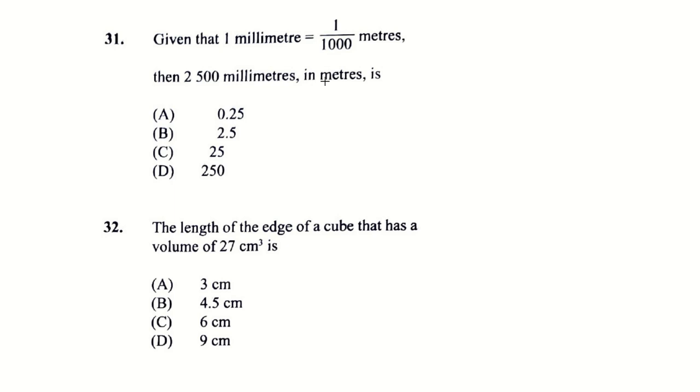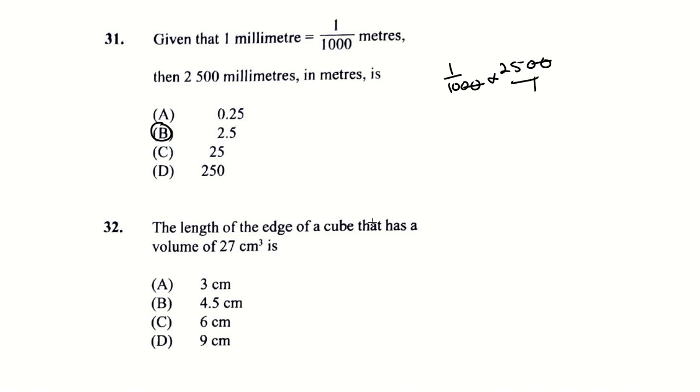Given that 1 millimeter is 1 over 1,000 meters, then 2,500 millimeters in meters is, so we would say, multiply this by this, so it would be 1 over 1,000 multiplied by 2,500, cross out, so you'll get 2.5. So 2.5 meters will give you 2,500 millimeters.